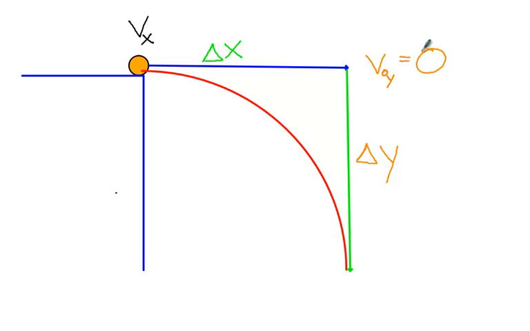Once it reaches the end of the table, it's going to start falling. And what causes objects to fall? Of course, gravity. So we're going to have gravity that's going to pull the object down toward the Earth. 9.8 meters per second squared is the rate of acceleration due to gravity. What is going to determine, in this case, the time that our object is in the air?